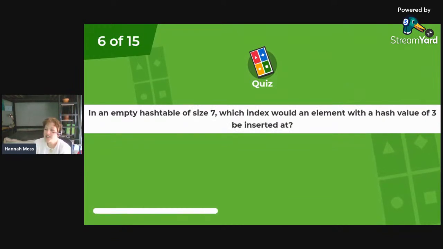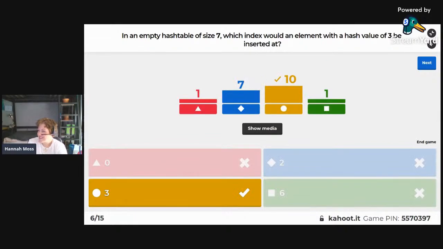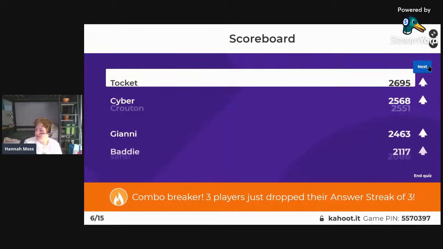So in an empty hash table of size 7, which index would an element with hash value of 3 be inserted at? Just pop an answer in if you're not sure, because there's a time limit. Cool, we got 10 with the right answer, so good job.